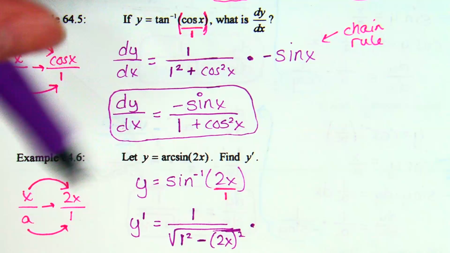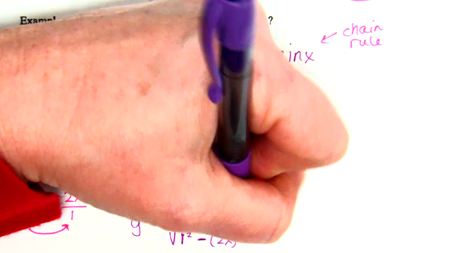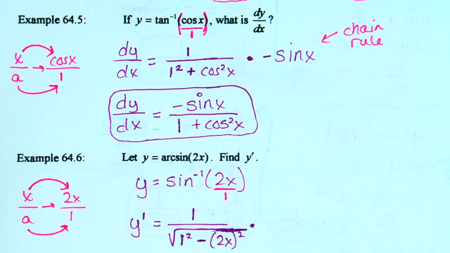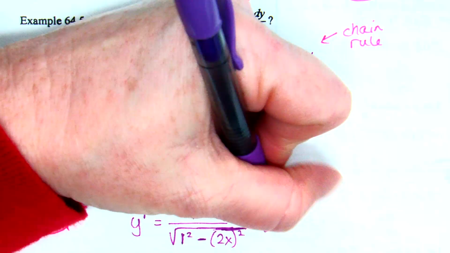So what did we put in place of x? We had a 2x. Can we take the derivative of 2x? The derivative of 2x is 2.